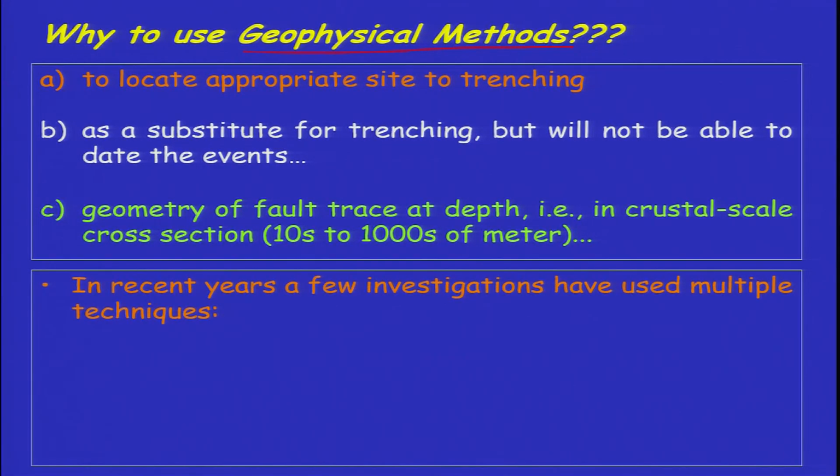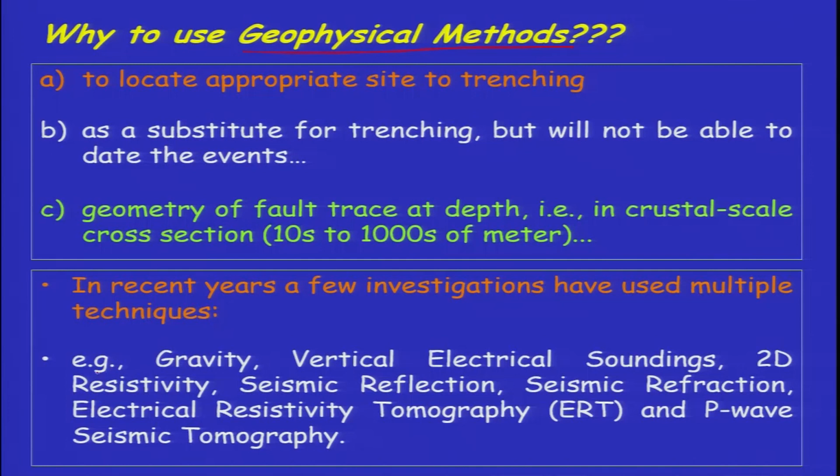Then in recent years, a few investigations have used multiple techniques. Those techniques are gravity, vertical electrical soundings, 2D resistivity, seismic reflection, seismic refraction, electrical resistivity tomography (ERT), and P wave seismic tomography.